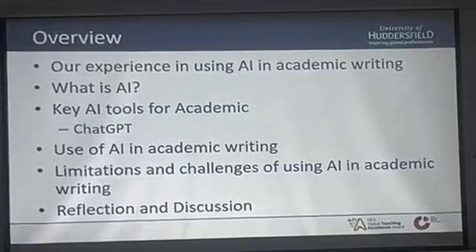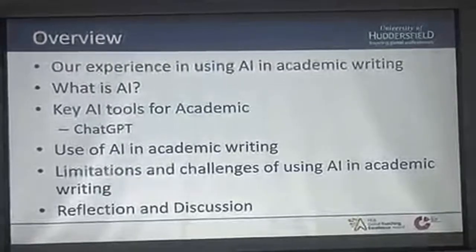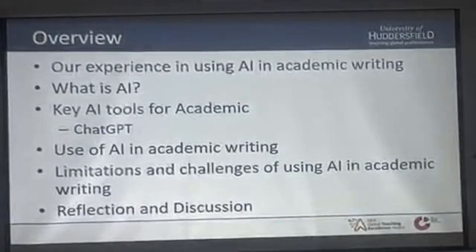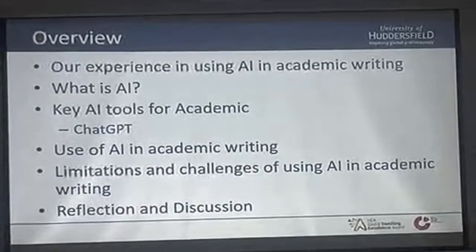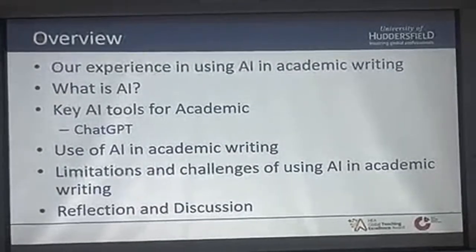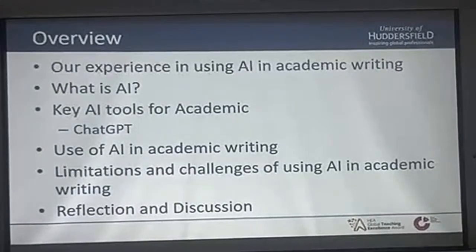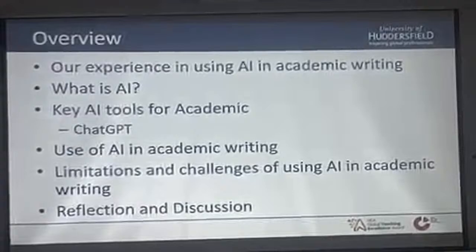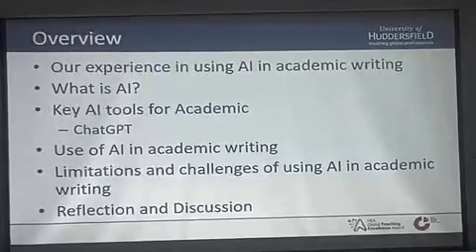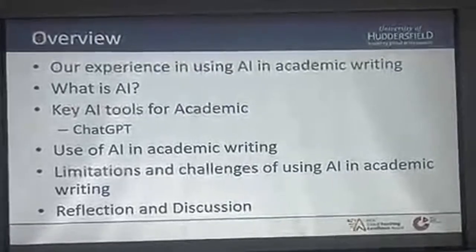First, what AI is, though you all know that, so I will go quickly. Then some of the key important AI tools for academic writing, and then how to use AI in academic writing and what is acceptable and what is not acceptable. It's changing so much that things I share now could be outdated by the time we go for lunch. It's changing that quickly.